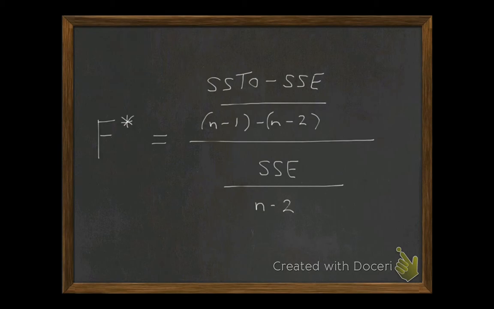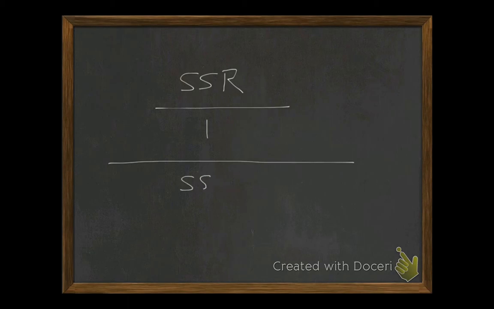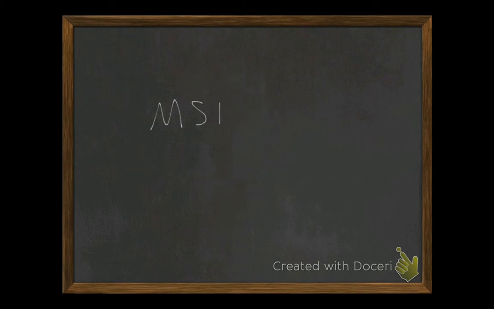Well, boys and girls, you should know by now that this reduces to the sum of squares for regression over degrees of freedom 1, over the sum of squares for error over degrees of freedom n minus 2, which leads us to the mean square regression over the mean square error for calculating our F statistic.